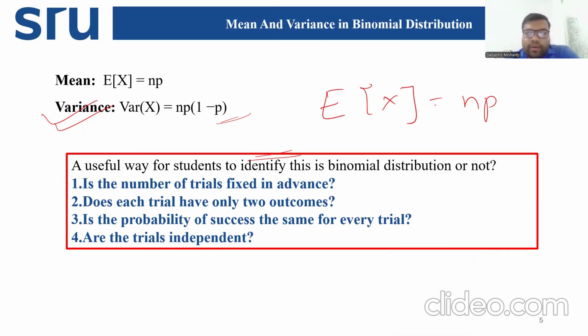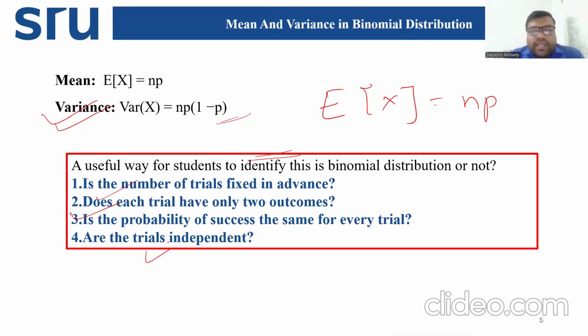Now, coming to the important thing: a useful way for students to identify the binomial distribution. These are some important points by which we can say whether it is a binomial distribution or not. The first point is to check whether the number of trials is fixed in advance, and whether each trial has two outcomes, either success or failure.